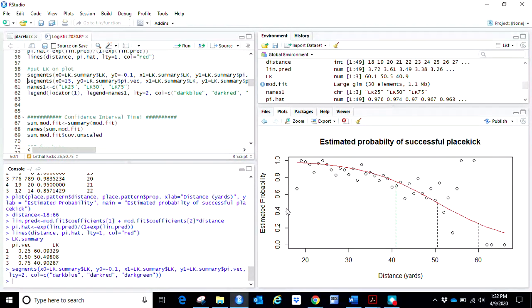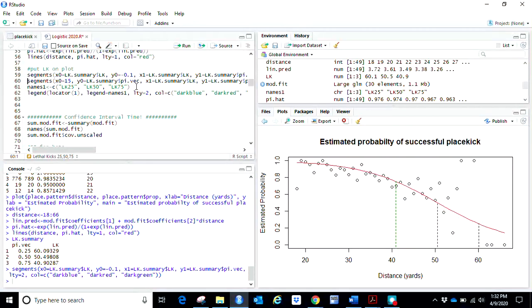So this time I'm going to be drawing horizontal lines. So my values of y are going to stay the same versus my x starting points are going to be different. Because of how my plot is scaled, I'm starting my x at about 15, because that seemed reasonable to make sure I can actually see the entire line. And it's going to end at whatever distance that it went to.